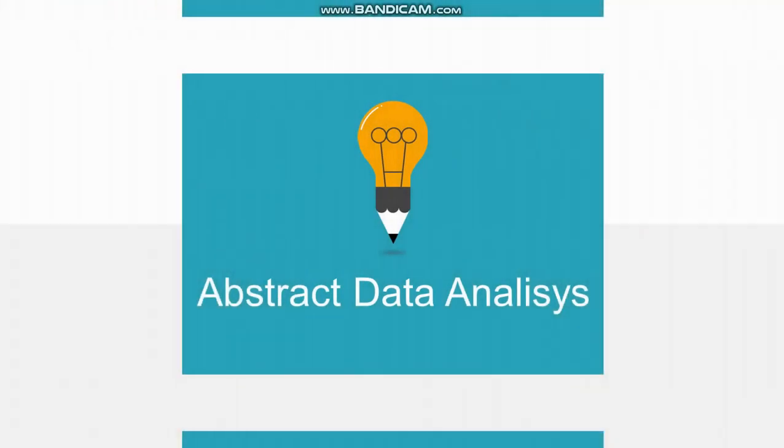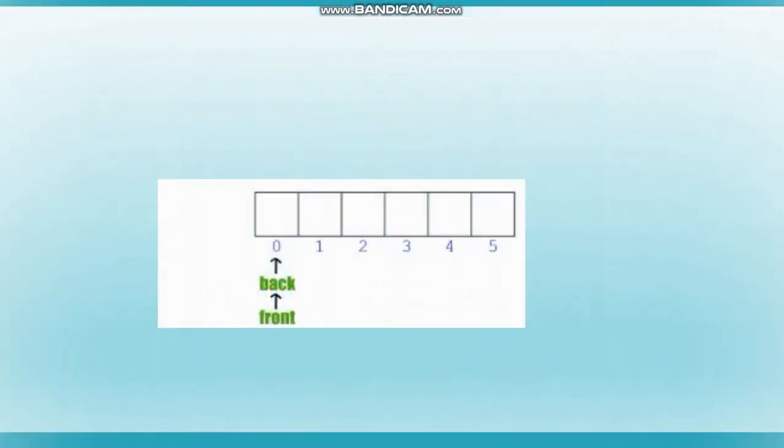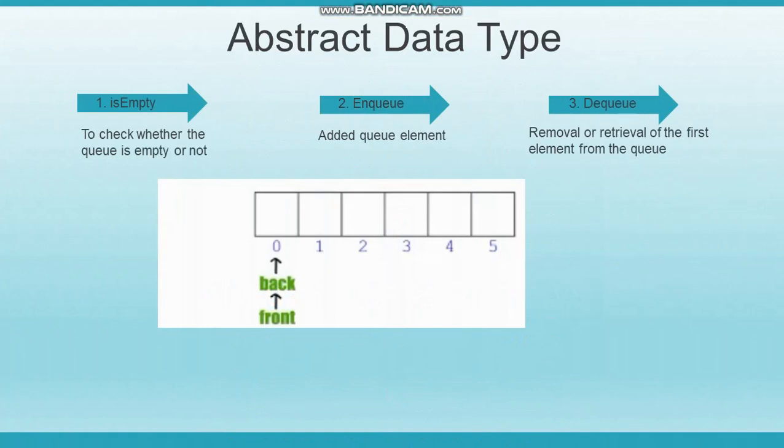Next, abstract data analysis. First is empty, second enqueue, third dequeue. IsEmpty checks whether the queue is empty or not.